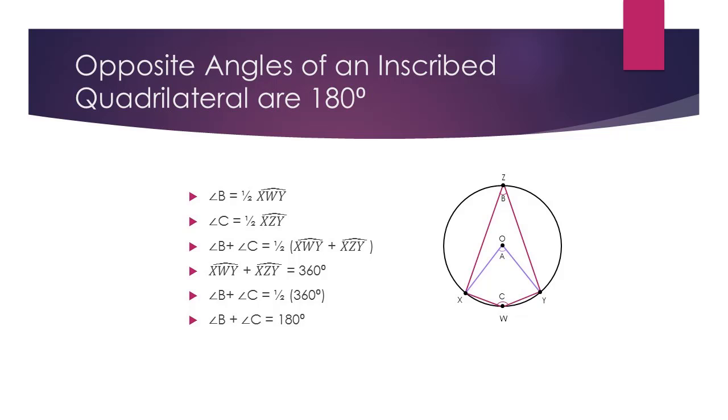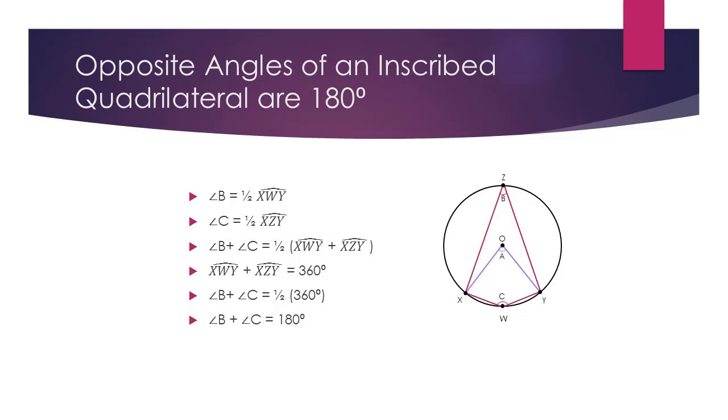And if you look at angle C, the arc that it subtends is XZY. So therefore, angle C equals 1/2 of arc XZY. So if you add these two equations together, we're going to get angle B plus angle C equals 1/2 arc XWY plus 1/2 XZY.